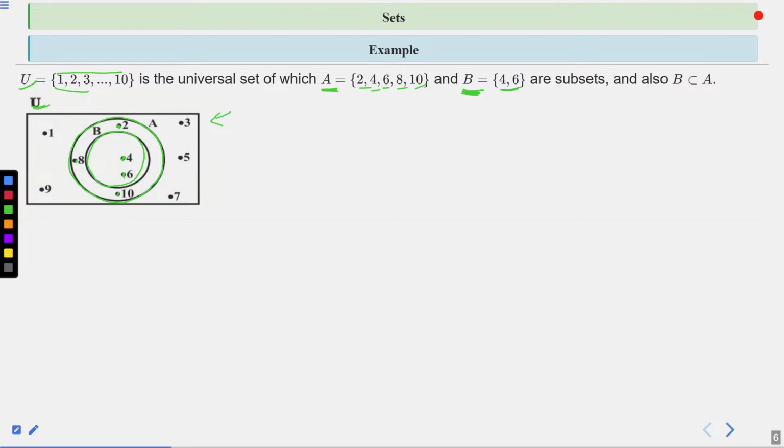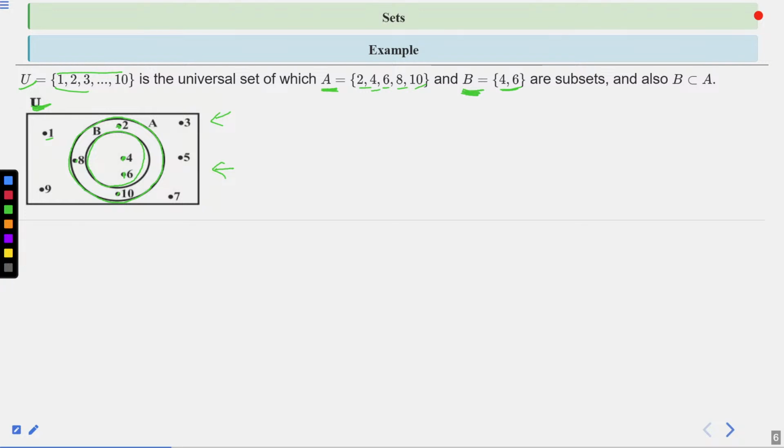Now, from this diagram only, what we can conclude is that we are having 1, 2, 3, all these elements in our universal set. In subset A, we are having elements 2, 8, 4, 6, 10, and in subset B, we are having only 2 and 4 elements.